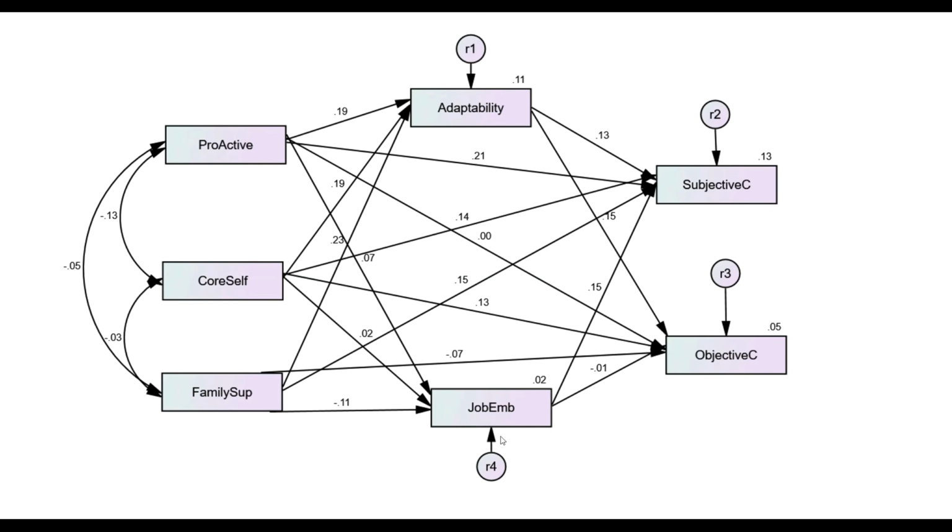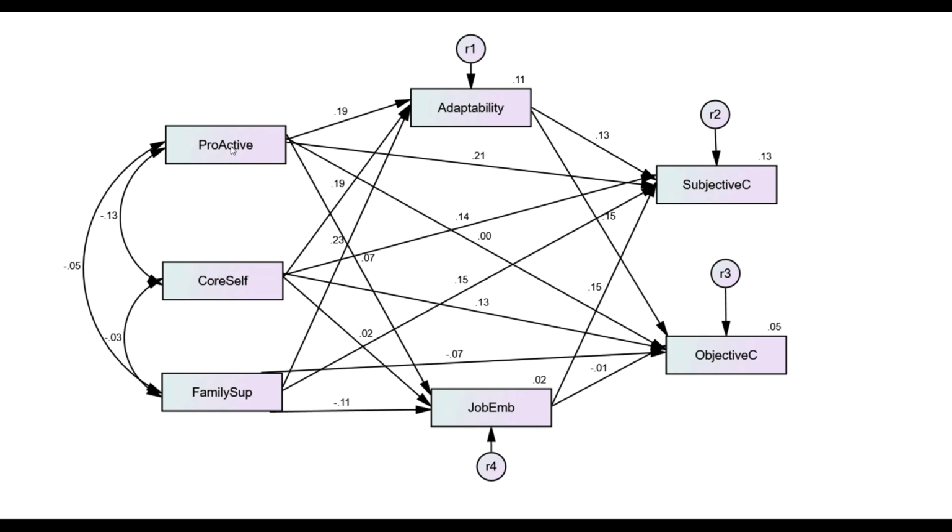Now this is a typical example of a path analysis. Here we have 3 independent variables with their covariates, and then we have 2 mediator variables and 2 dependent variables in this case. You can see that all of them have their regression lines positioned where the relationships are pointing.